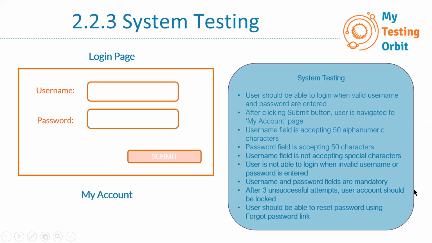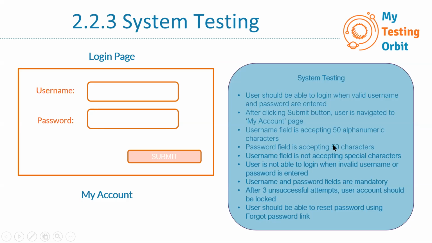Now the other ones, which I've highlighted, are the ones which were not covered during component testing, but a tester needs to come up with these kinds of test scenarios as well, because a tester is seeing the application from a user's perspective. So a tester will also test that username field is not accepting special characters.